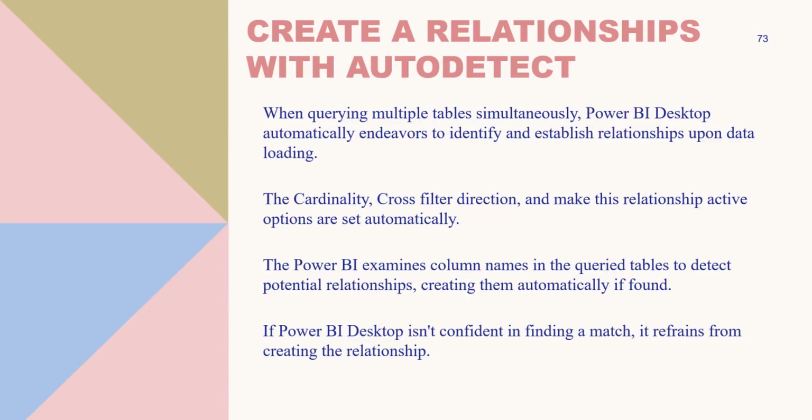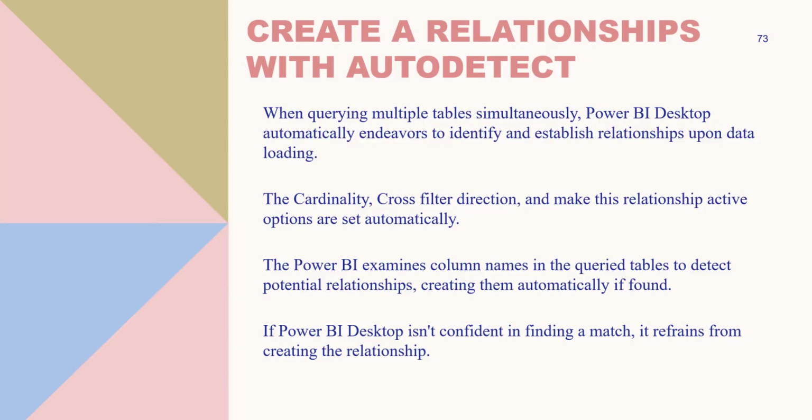When we query multiple tables simultaneously, Power BI Desktop automatically identifies and establishes the relationship when the data gets loaded into Power BI Desktop. The cardinality, the cross filter direction, and the make relationship active options are set automatically when the relationship is auto detected. Power BI examines the column names in the tables to detect potential relationships, creating them automatically if found.